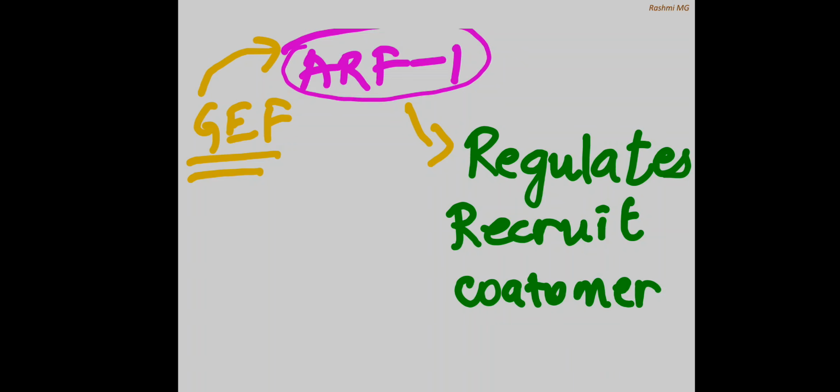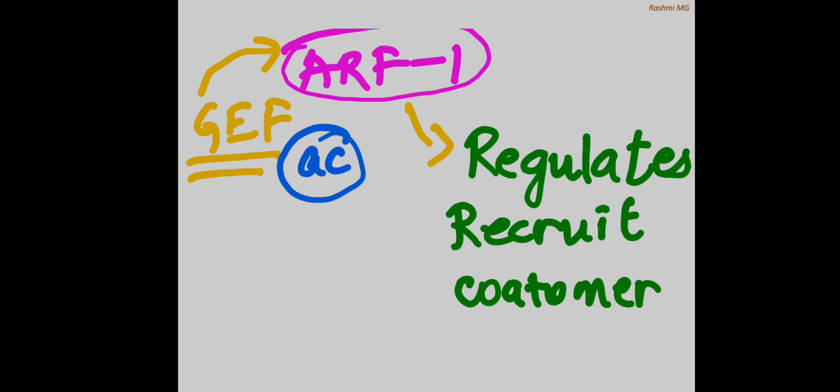I'll let you know what this is in a short time. So the GEF will activate ARF1, which in turn regulates vesicle formation by recruiting coatomer. So the function of GEF is to activate, right?